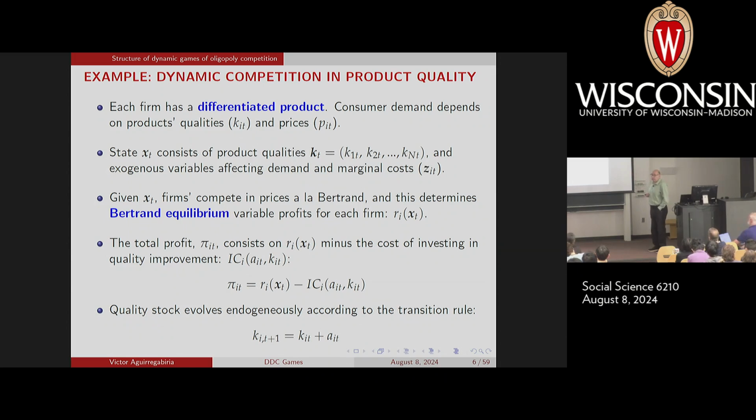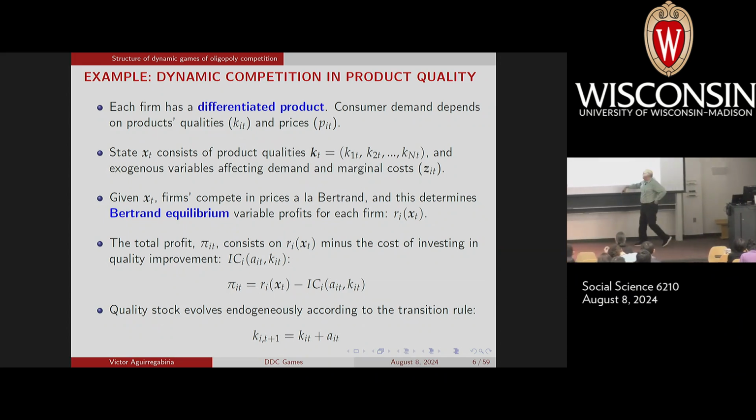Inside the one period profit function, we can have a model of price competition that determines the variable profit that I represent here by R. Then we can think of R as the result of a Bertrand-Nash equilibrium, given the products that we have in the market and the levels of quality, firms compete in prices. There is a Bertrand-Nash equilibrium in prices, and that determines this variable profit R_i.